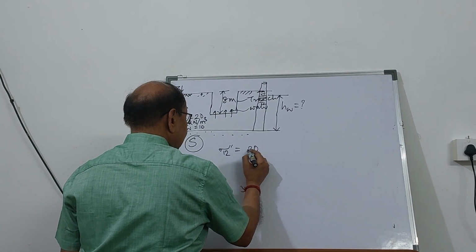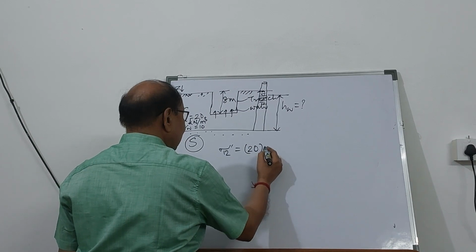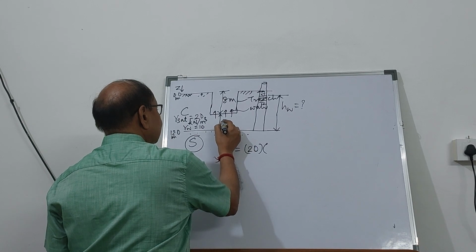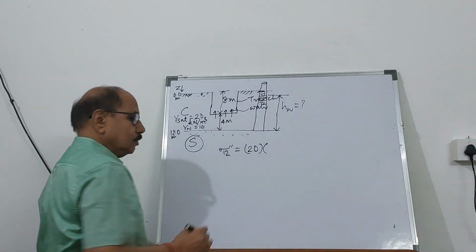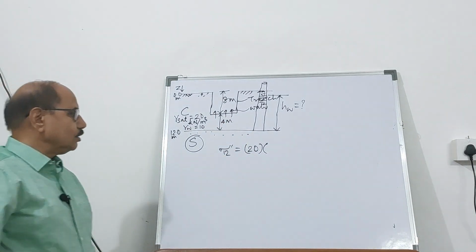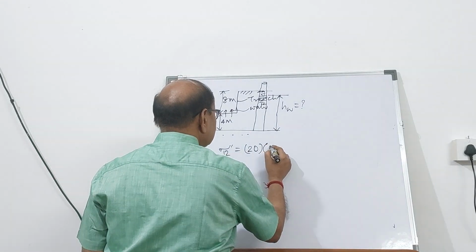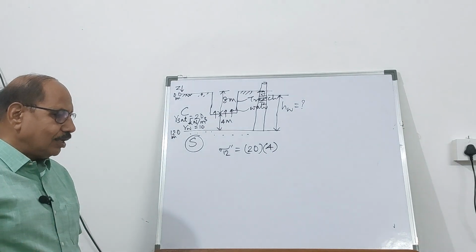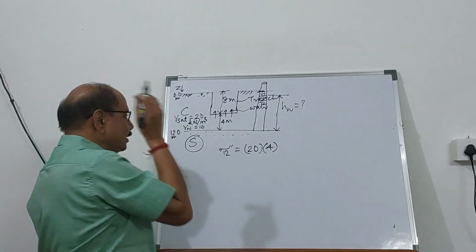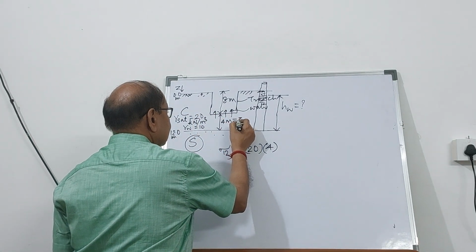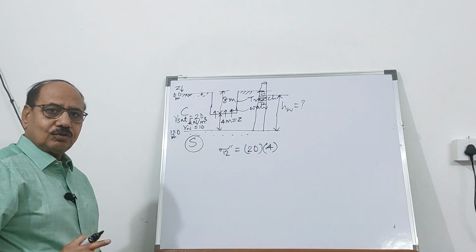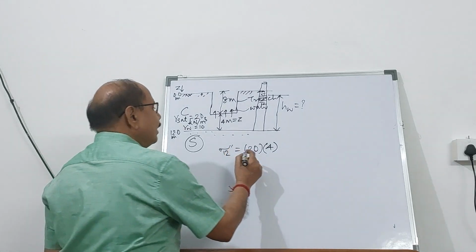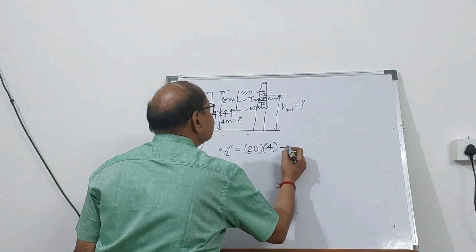It is 20 gamma saturated. And what is this length? Remaining length is going to be 4 meter, isn't it? So if it is 4 meter, the total pressure, because I have already dug a trench, is going to be Z, through which the water is seeping. So this becomes the total pressure minus.